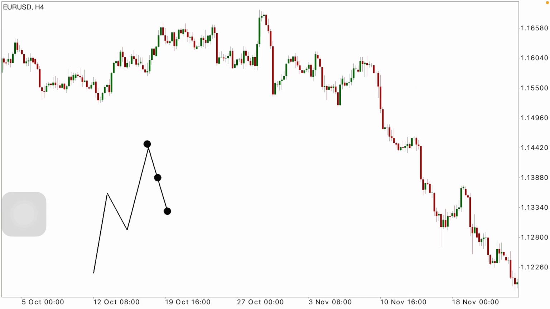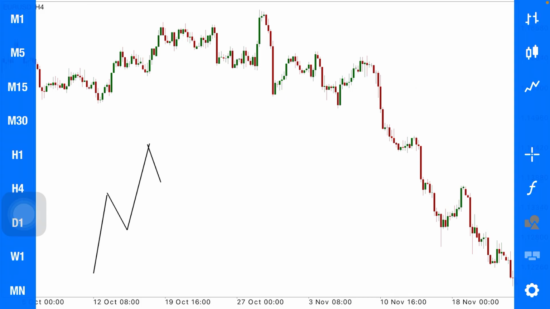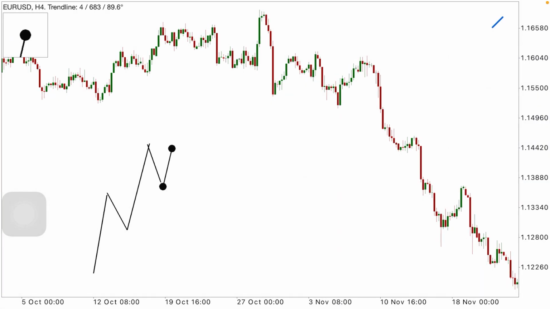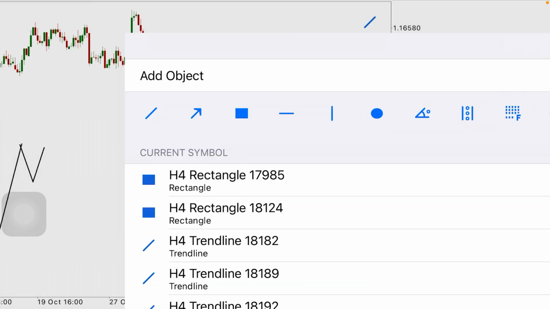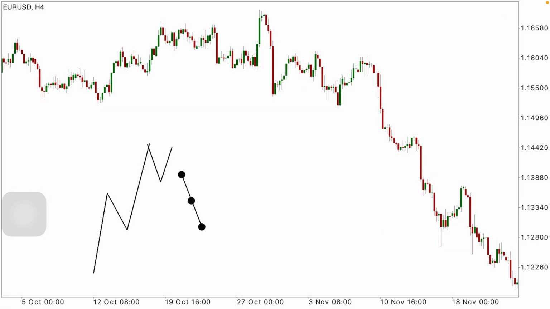A base is just like a resting point, a resting phase. Price forms something in this nature.